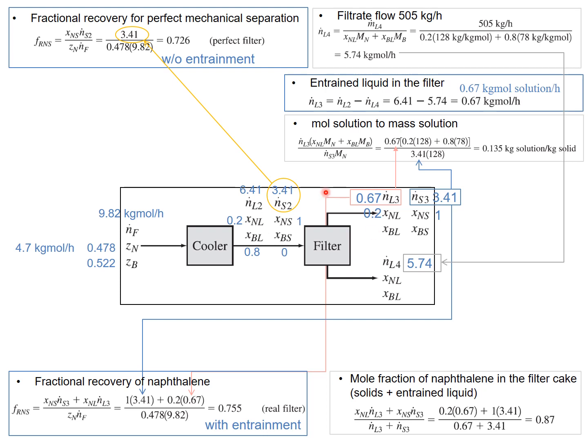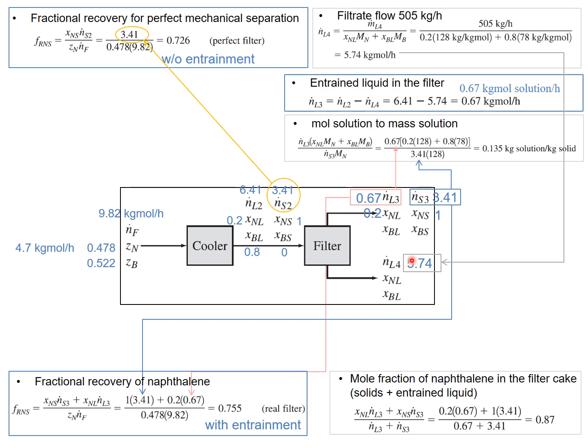Liquid was introduced into the filter at 6.41. However, in the filtrate stream it was found at 5.74. The difference is the amount of entrained liquid in the filter, right?